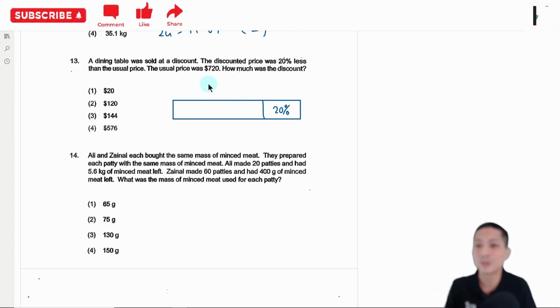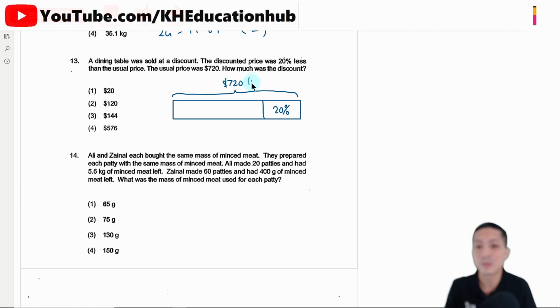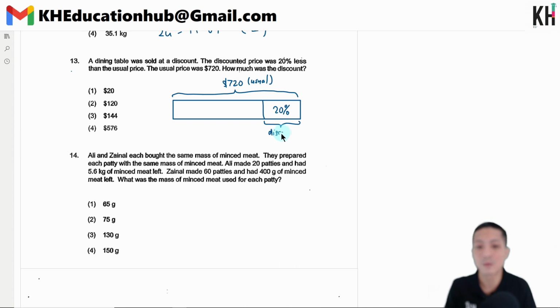Okay, and then the usual price is 720, here to here. This is the usual. So how much was the discount? We need to find this discount.